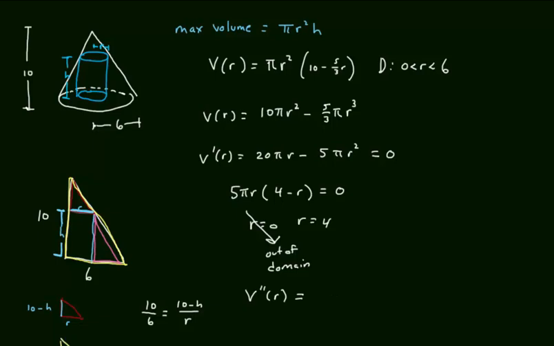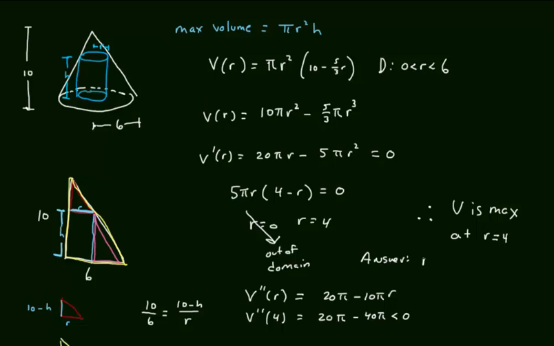And the second derivative is 20 pi minus 10 pi r. The second derivative at 4 is 20 pi minus 40 pi, which is clearly less than 0, and therefore v is absolute max at r equals 4.